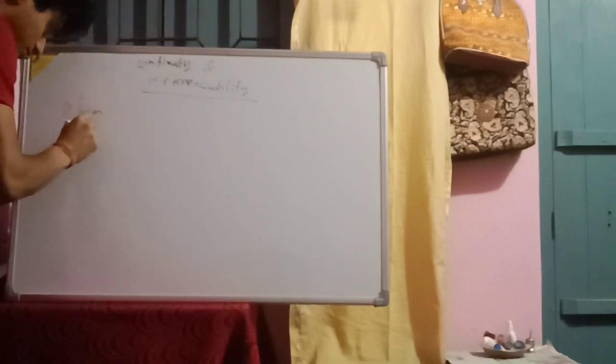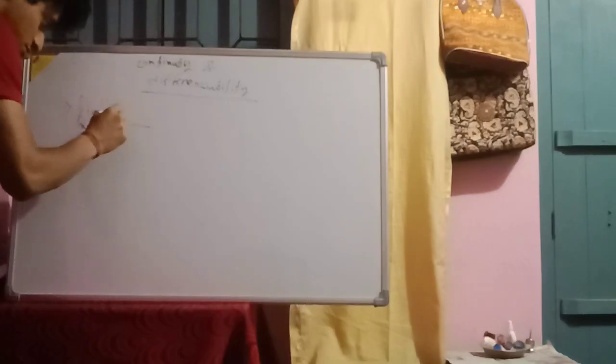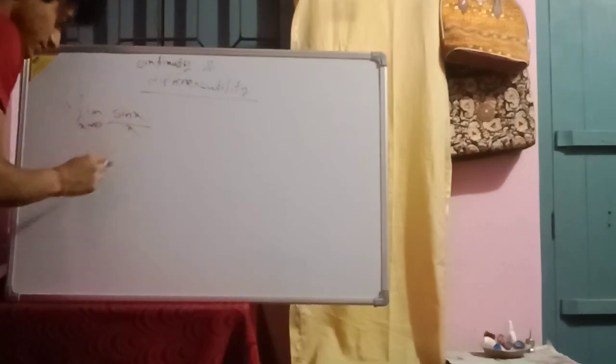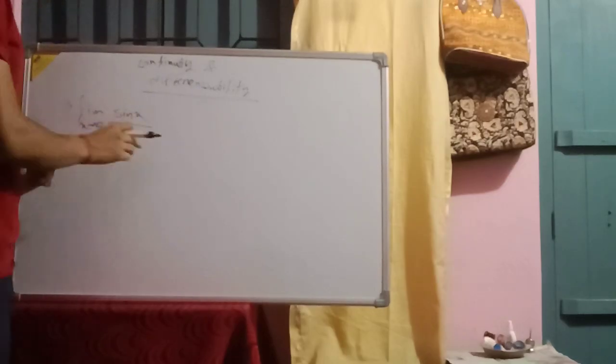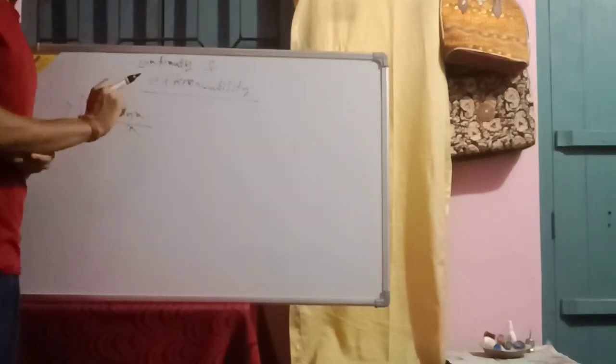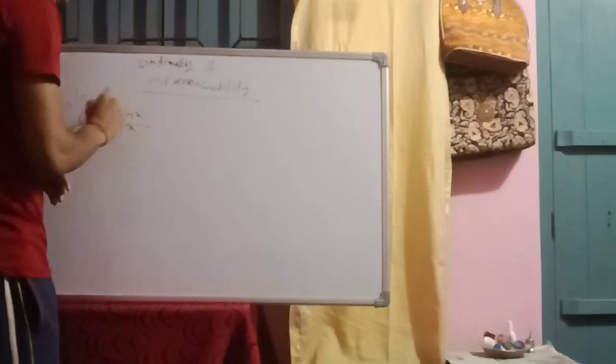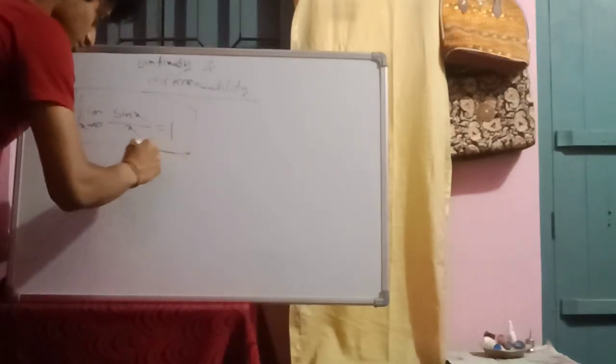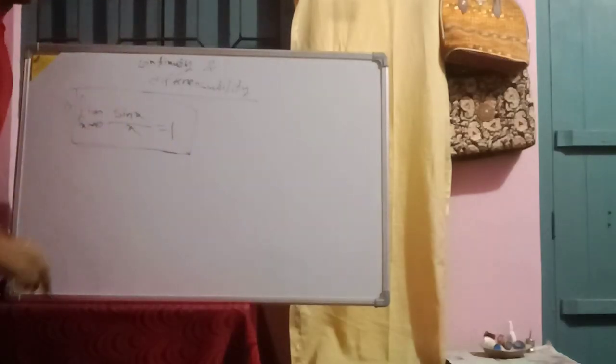First one is limit of x tends to 0 of sine x over x. Now, first of all, the value of this expression would be 1. Why, you ask? Because x is very close to 0 and sine of something very close to 0 is a very small number.